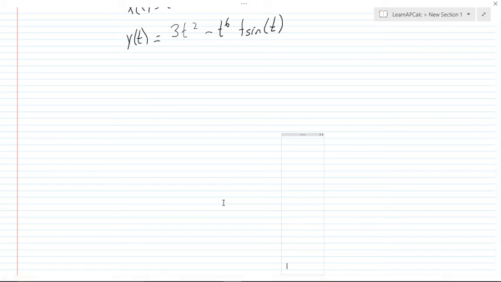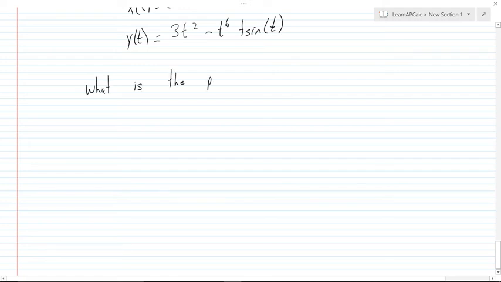Alright, so I can also talk about this challenge problem solution where I said, what is the parametric equation y of t equals sine t, x of t equals cosine t.